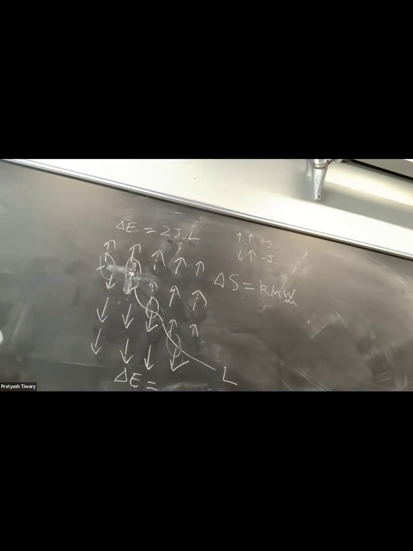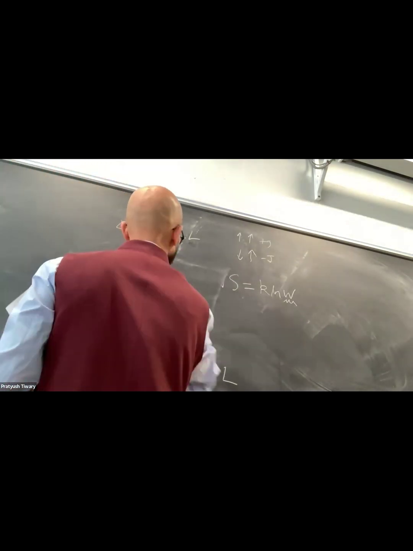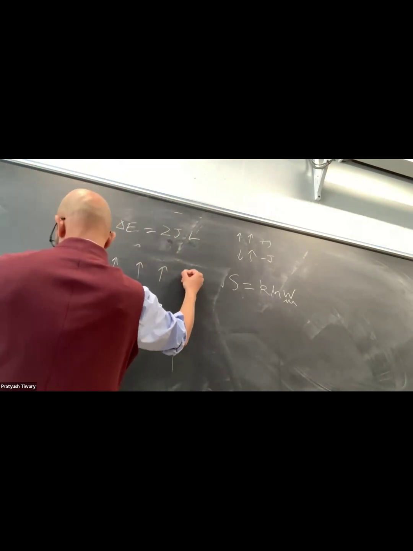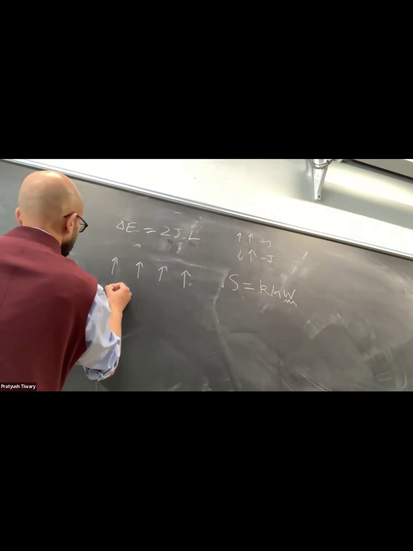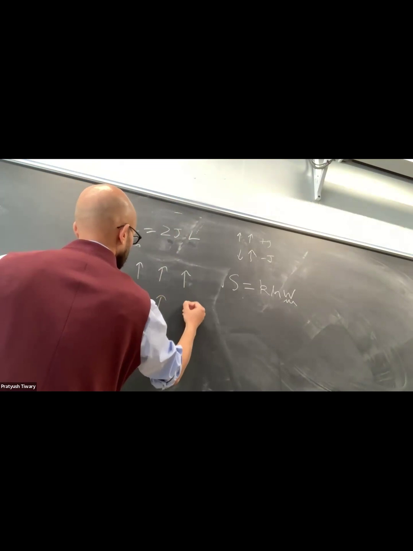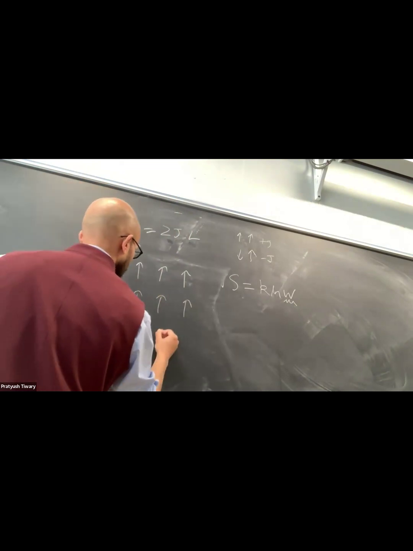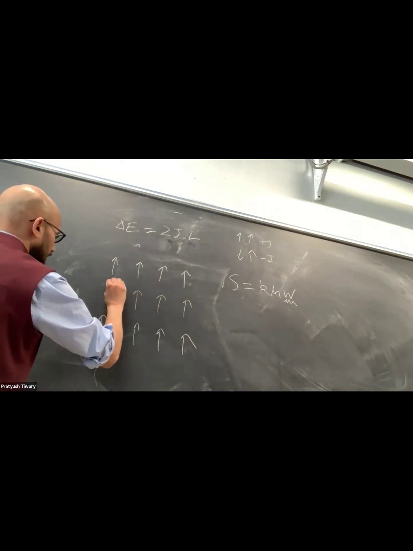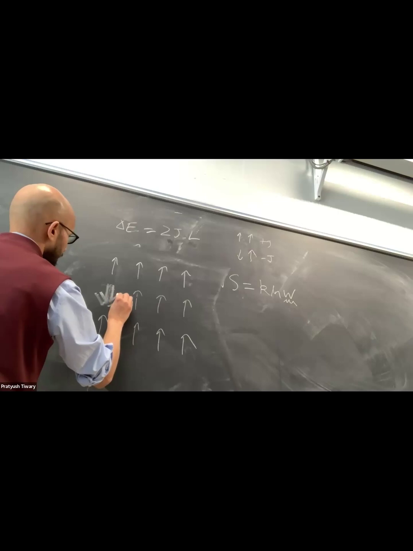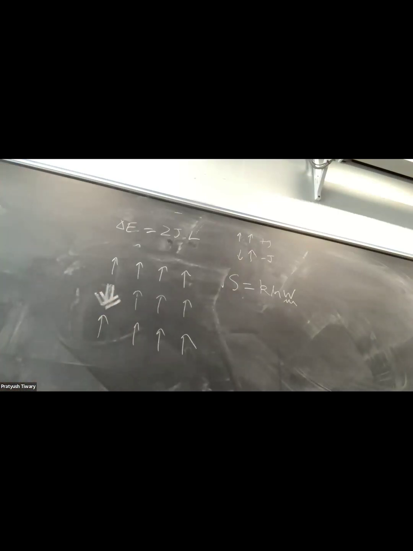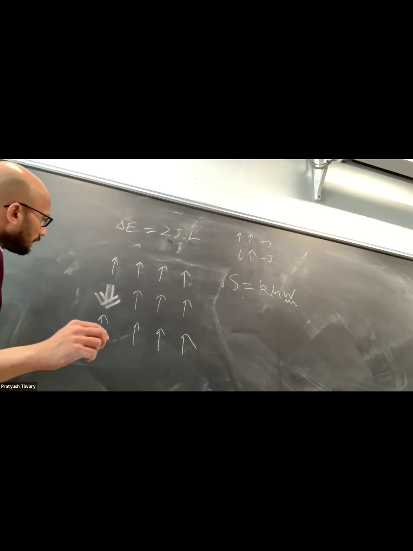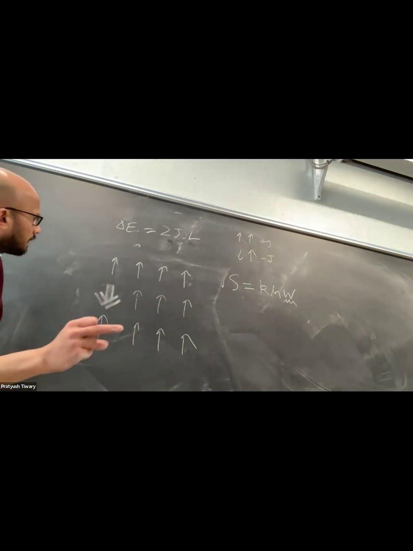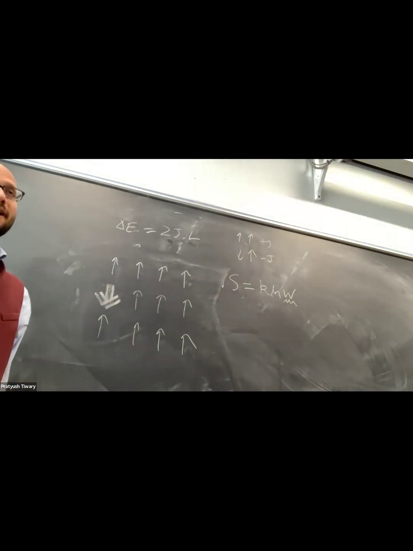Let me draw this once again. Let's draw a perfect lattice where everything is ordered. Let's say I have taken this one and made it point downwards. Okay, so this bond is broken. So the question now is, how do I pick the next bond to break?